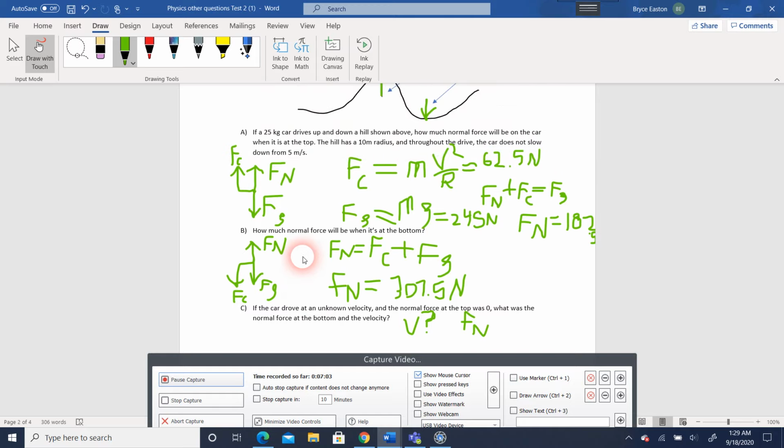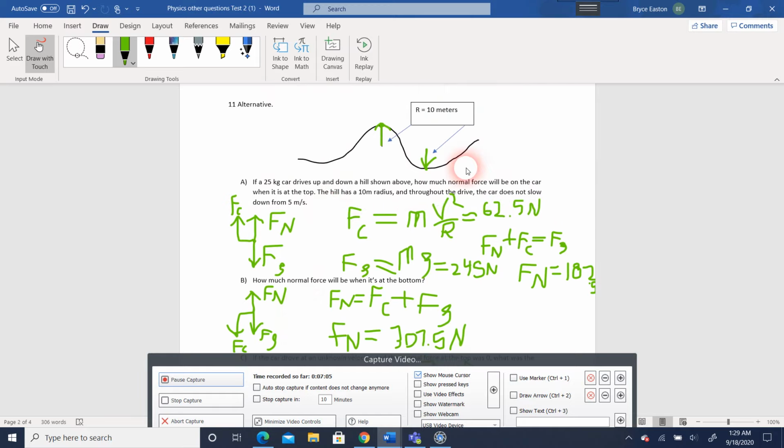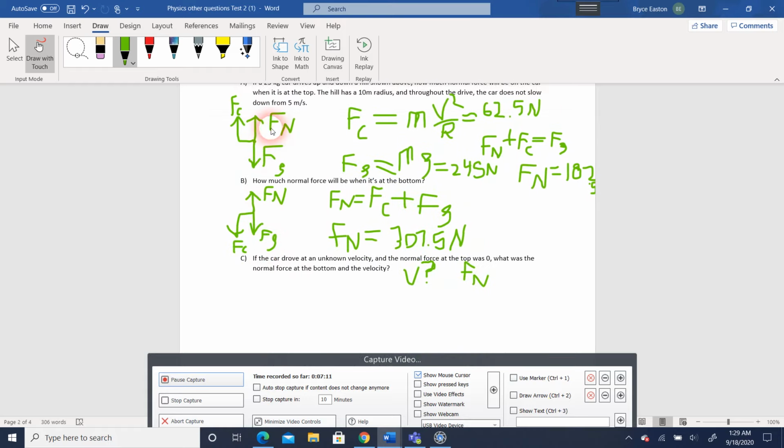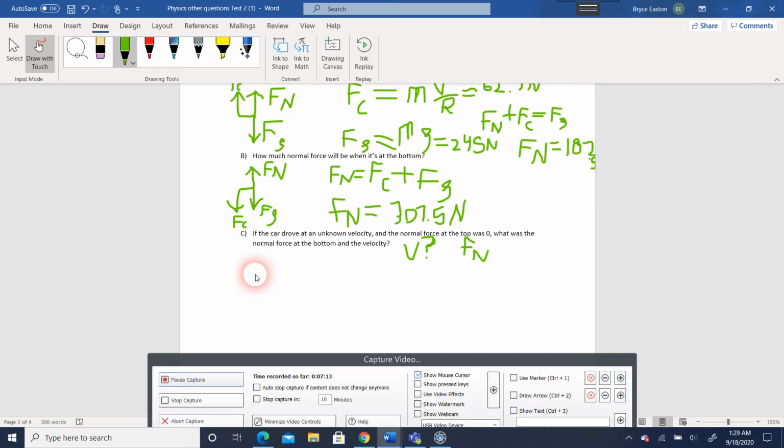So the very first thing I'm going to do here is construct the free body diagram for the top. Since force normal is 0, our free body diagram is just going to look like Fc going up and force gravity going down.